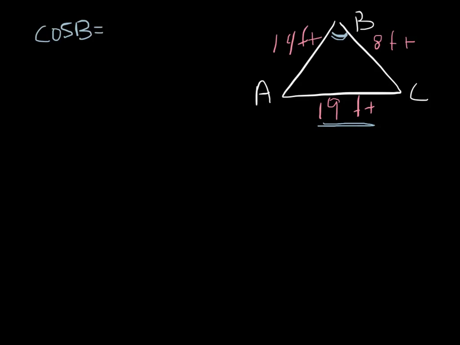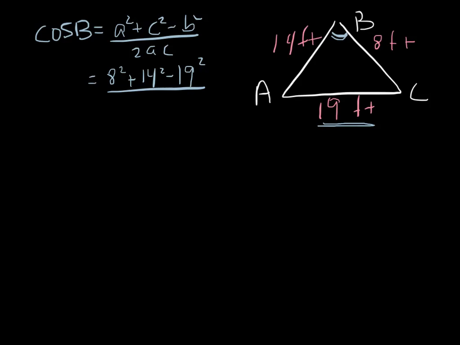So I'm going to say that cos B equals a squared plus c squared minus b squared over 2ac. We'll substitute values in there. Okay, now we put that in our calculator, and that's going to give us some decimals.